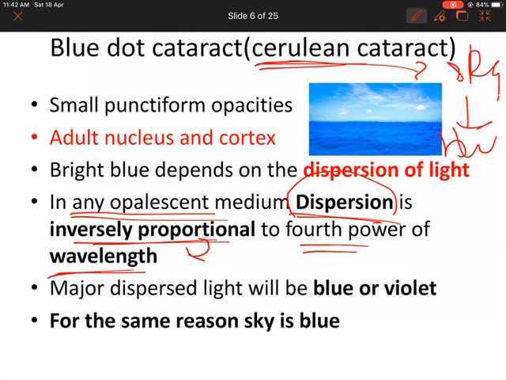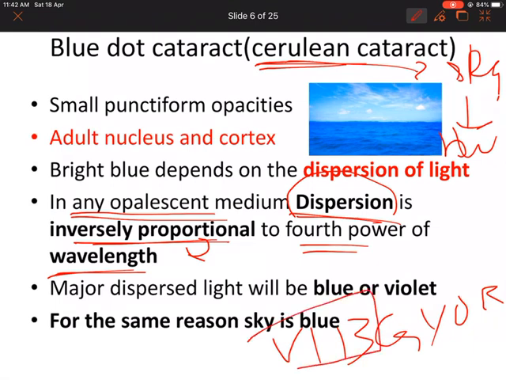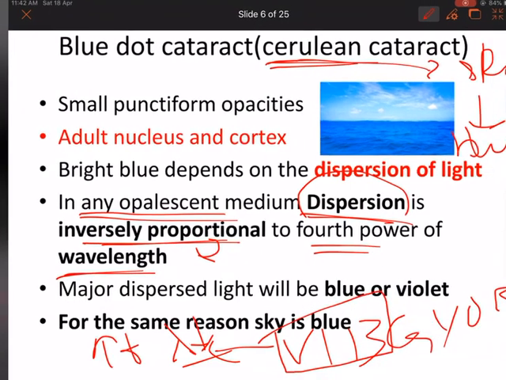For example, we know that VIBGYOR is the spectrum of white light. In the spectrum of the white light, which is divided into 7 colors, this end, violet, indigo, blue, have increased frequency, but the wavelength is small. We have a smaller wavelength.